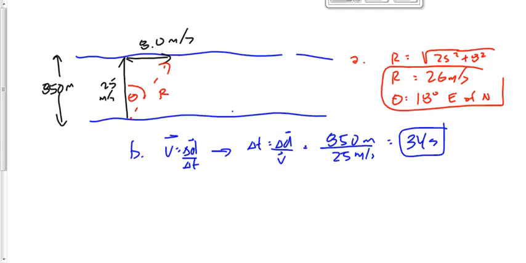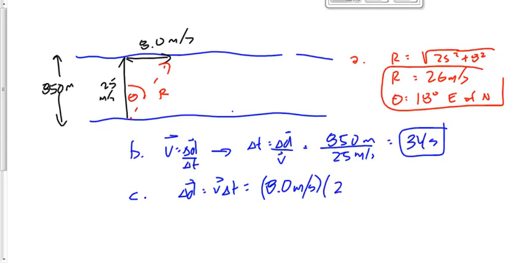Now question C says, just like in the last question we did, how far downstream do we end up going? Well, if we're looking for how far downstream we go, let's rearrange d over t again to solve for displacement. Get v times t. If we want to find out how far east we go, Logan, what velocity am I going to use? 8, right. Because we want to use the velocity that's consistent with the displacement, in the same direction as the displacement.